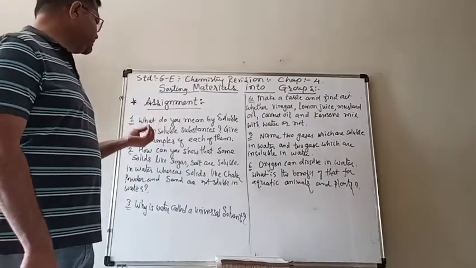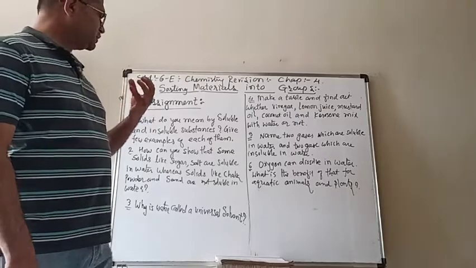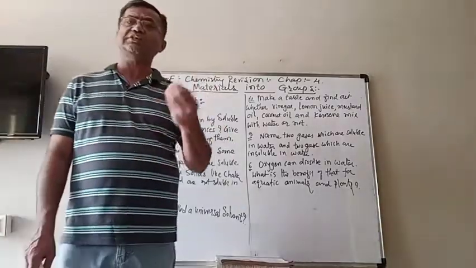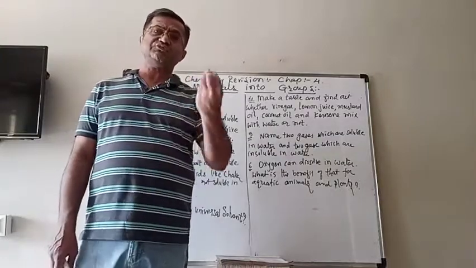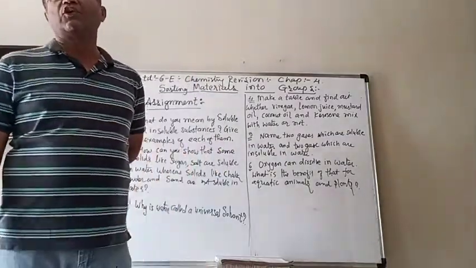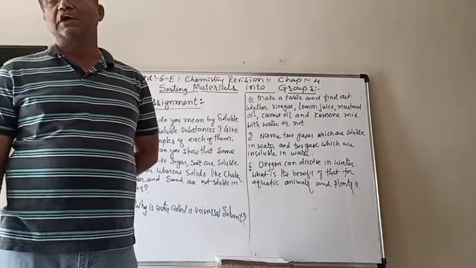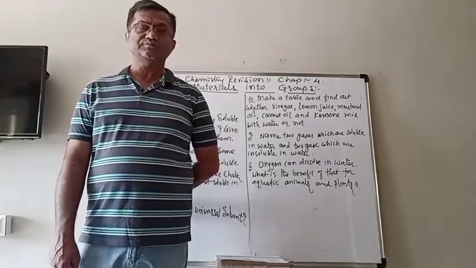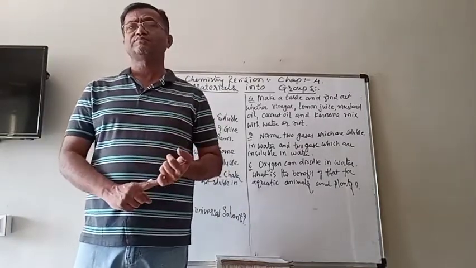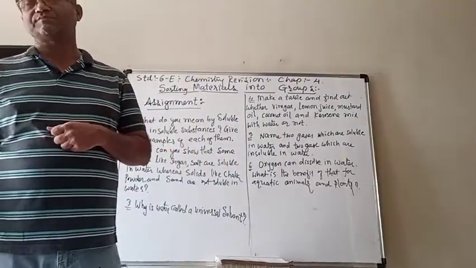We can give examples also. If you put some sugar in the water and stir it for a while, then within a few seconds you won't be able to see the sugar in the water. Similarly, the salt also. So salt, sugar, etc., are soluble in water.